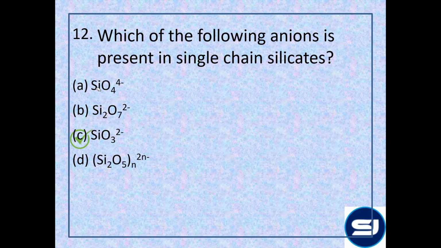This is the normal silicate, and this is the main anion which is present in most of the silicates. The building block of the silicates is SiO4 4 negative, which has a tetrahedral arrangement of one silicon surrounded with 4 oxygen atoms, with each oxygen bearing a negative charge.